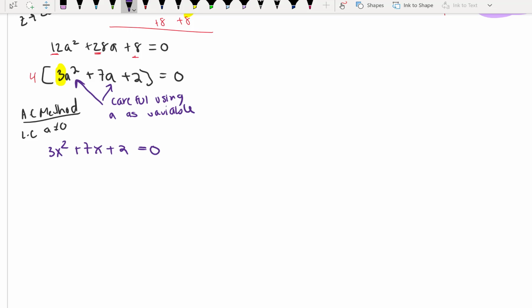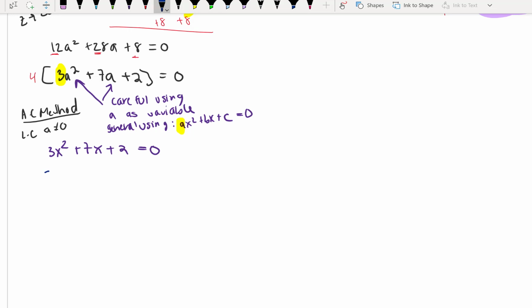I just want to be careful because in our original equation, that 3a squared plus 7a plus 2, our variable is an a, but remember our general equation that we're using to get our a, b, and c value is ax squared plus bx plus c. So that can be confusing of, wait, which a do you mean? So I just really want to be careful to represent that here we're talking about our 3 being our a. So that's why I'm switching it to x, just so we don't get variable happy.